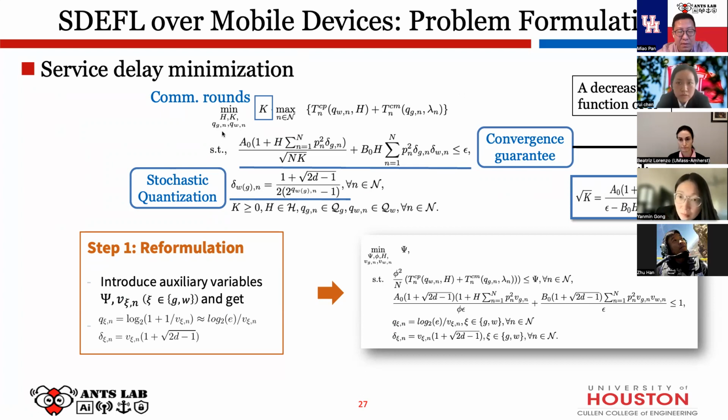If we have device heterogeneity, we consider assigning a different gradient quantization level to fit different devices, in terms of computing capacity and communication conditions.